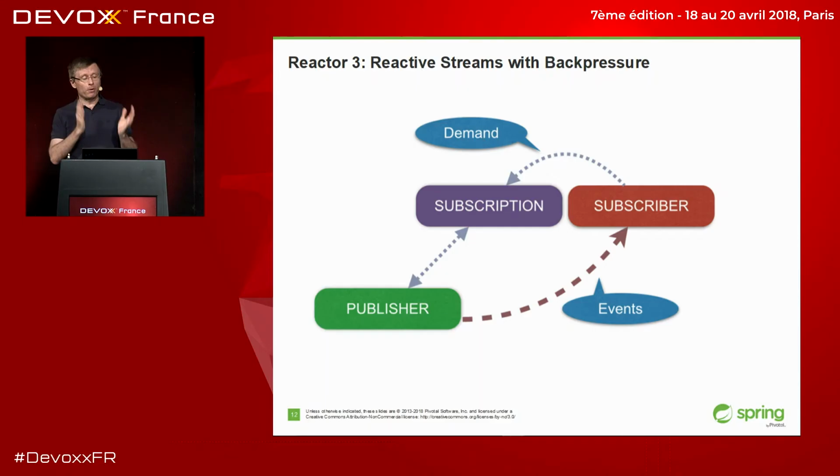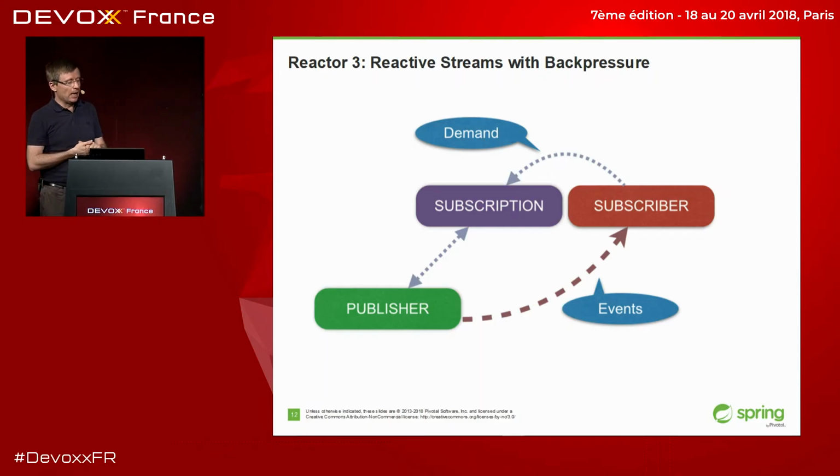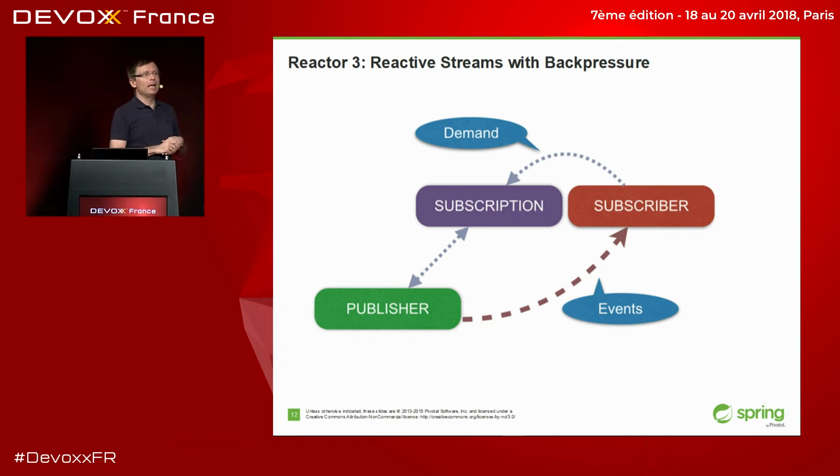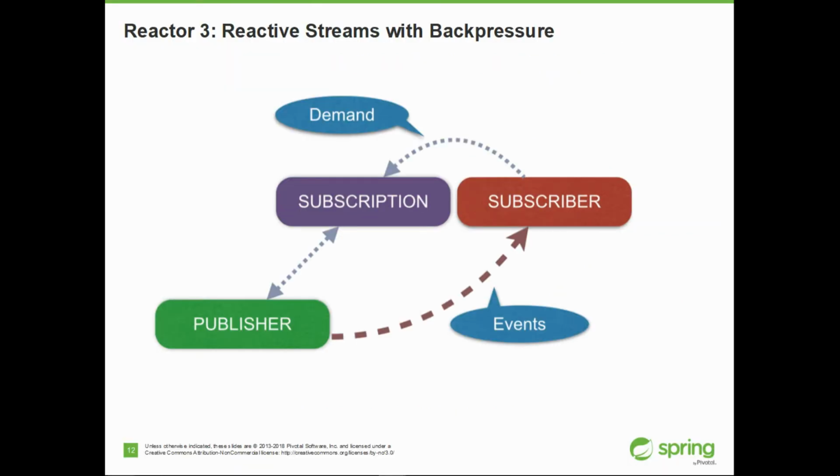All right, so for reactive purposes, our fundamental model in Spring Framework 5 is a reactive streams embracing, right? We embrace the reactive streams initiative that grew out of the Reactive Manifesto. This is a low-level abstraction for back-pressure-driven interaction between a publisher and a subscriber.